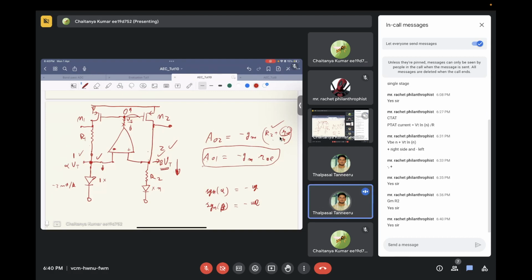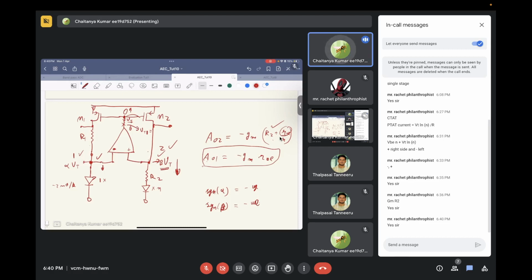Node 2, because of beta VT. The absolute value of beta VT will be higher than alpha VT. You agree with this? Yes, sir. And beta VT is actually a negative quantity. So the final output, if you call this VTO, you want to be a negative quantity, and beta VT is already a high negative quantity, while alpha VT is a smaller negative quantity.